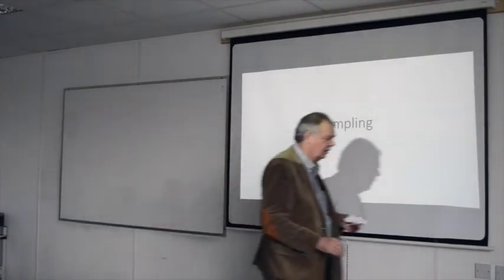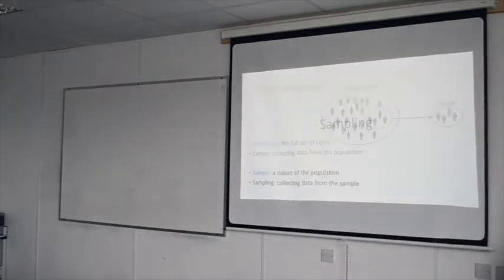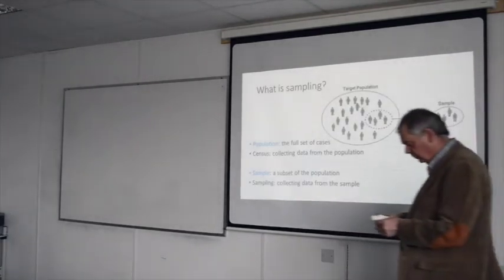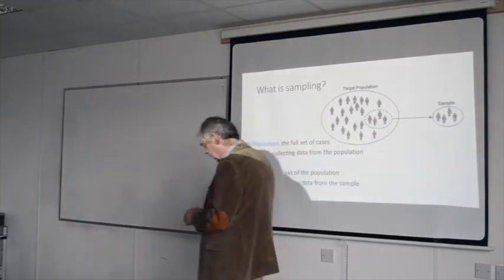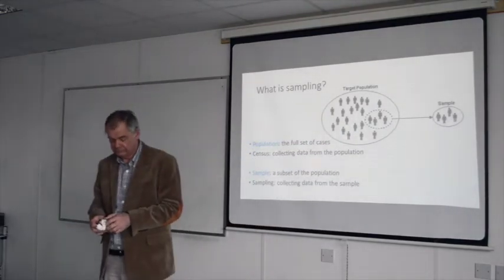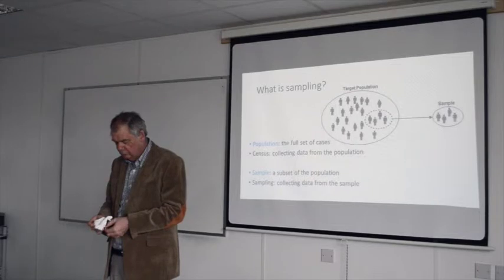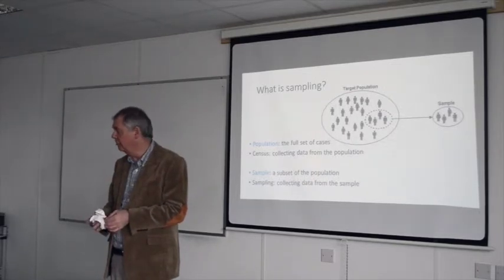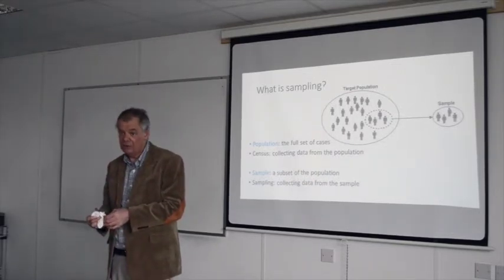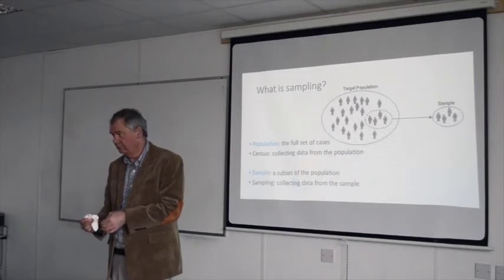So, first of all, the first question is, what is sampling and why do we need it? Pretty well all research gathers data from somewhere or other, somehow or other.